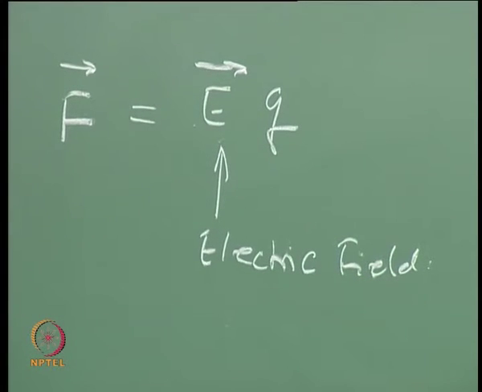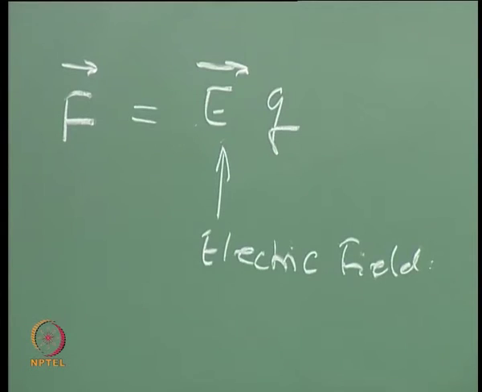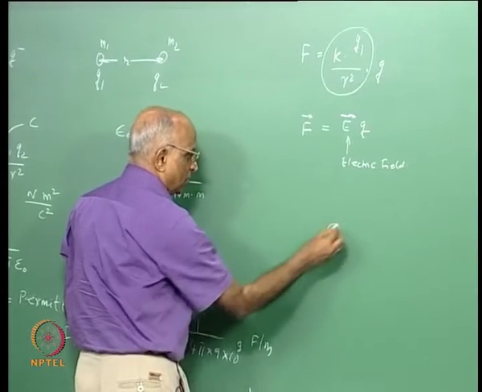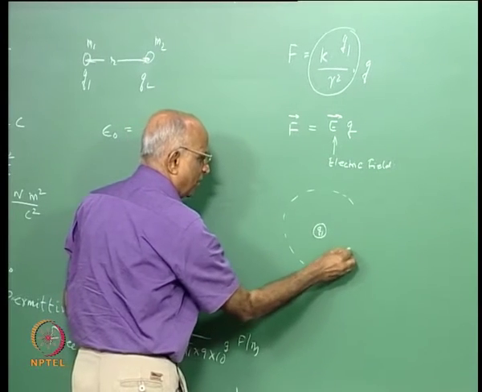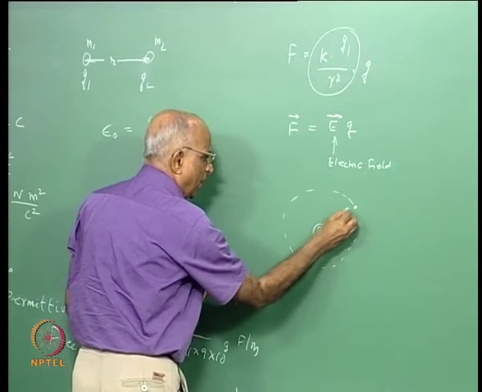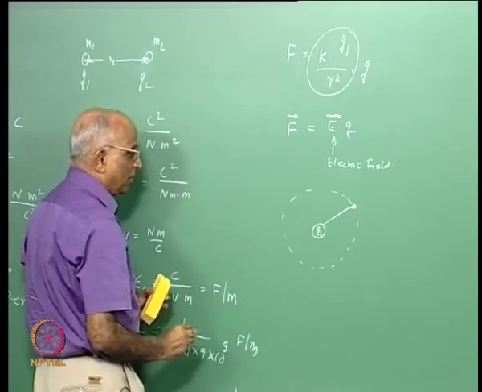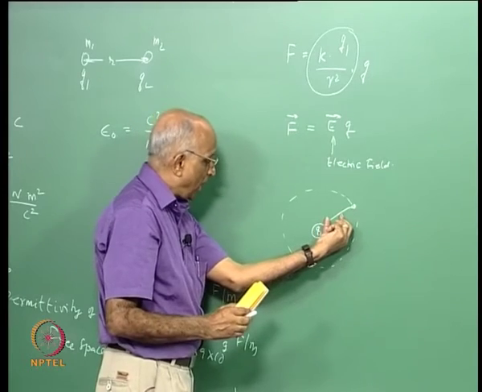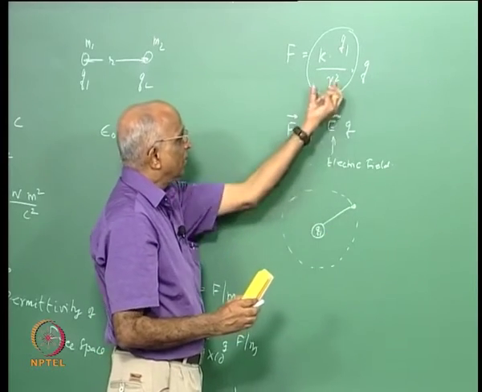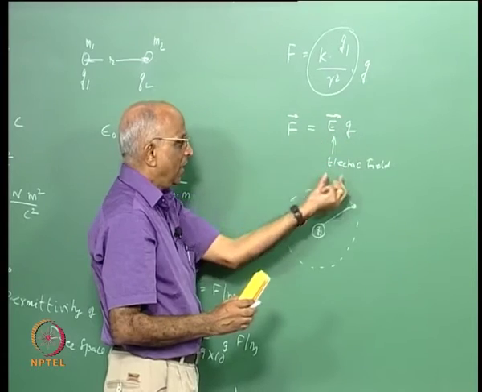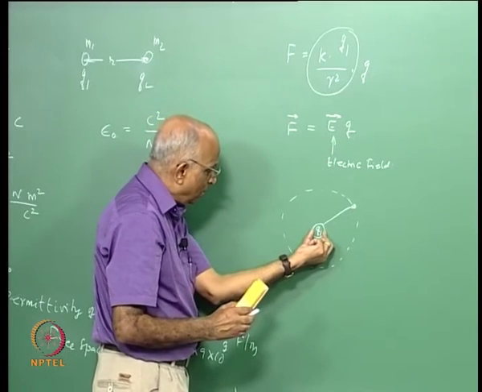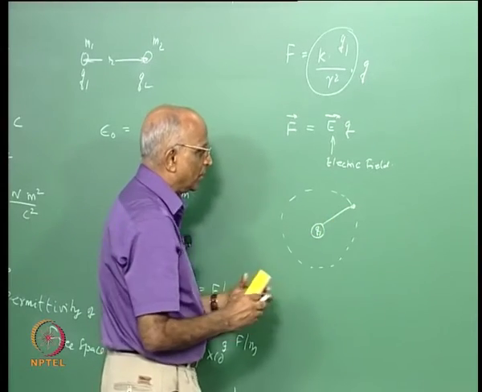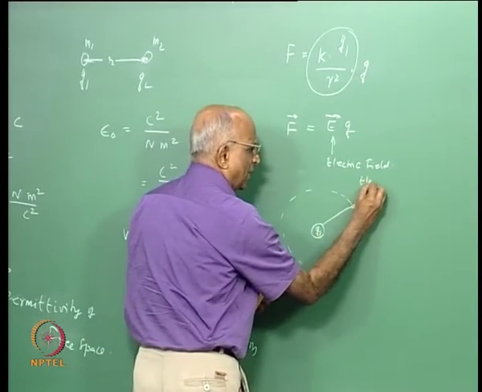Strictly it should be called an electrostatic field, because all what we are saying is I have a charge q1, the reference, maybe at a distance r away from it, I put my body on which I want to determine the force. I know the force is equal to q1 by r squared into the particular constant, which I call an electric field, and strictly since this charge is at rest, not in motion, it is actually an electrostatic field.